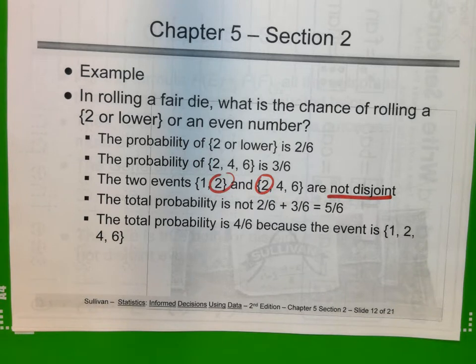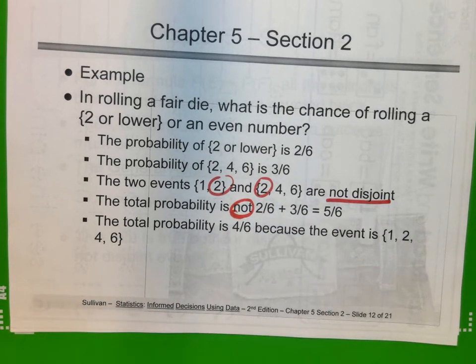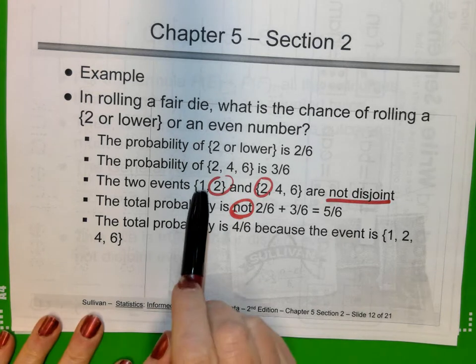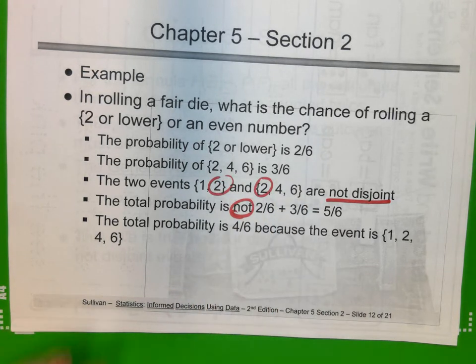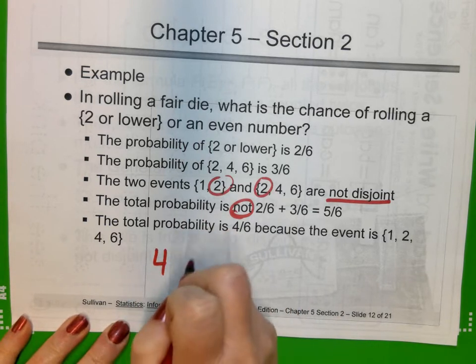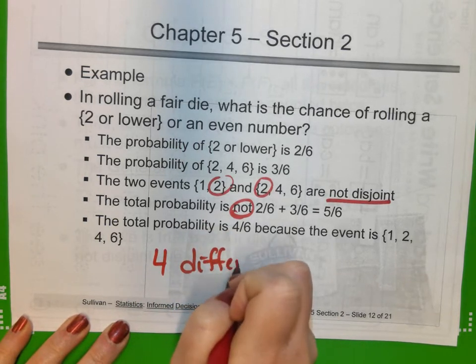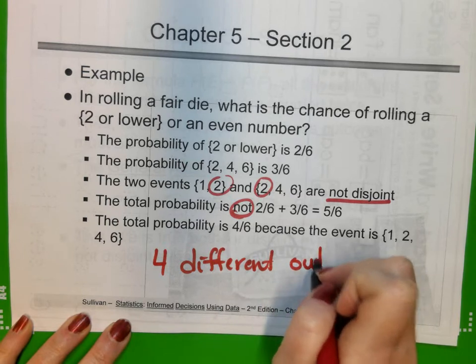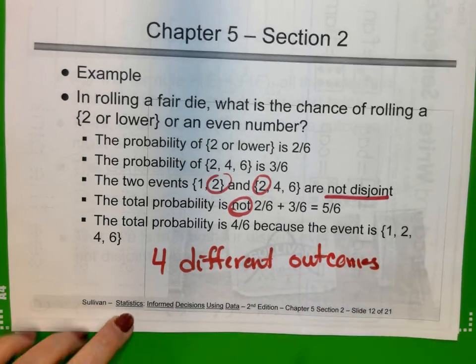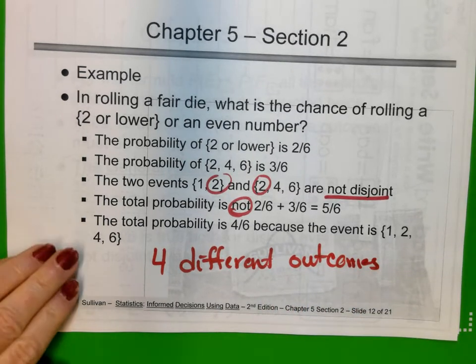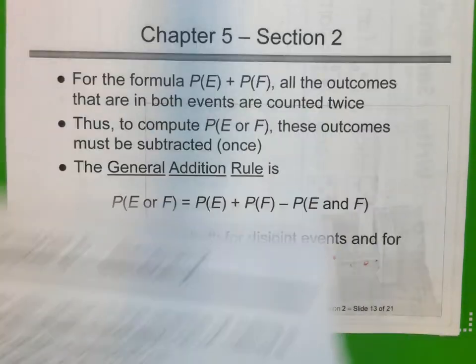So the total probability is not 5 out of 6, hence the word not. Total probability is 4 out of 6, because there's 1, 2, 3, 4 different outcomes that meet the criteria. 4 out of 6.